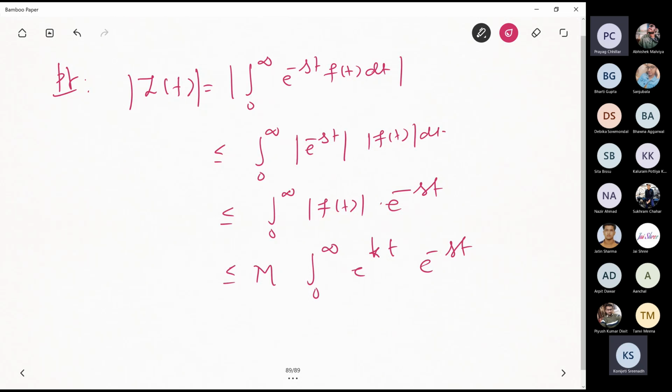You can see that this is nothing but M by (s minus k) for s greater than k. So that's what we said, that for s greater than k, this is well defined.